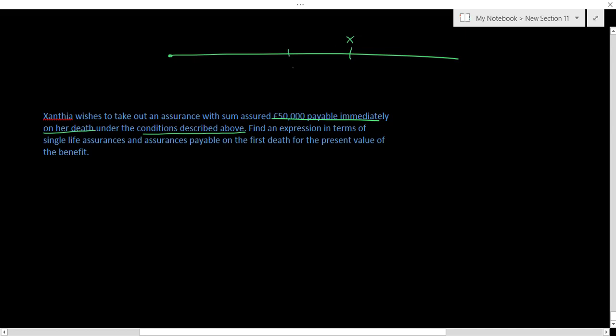Okay, so if Yolanda's time of death is T, Xanthia should be alive at time T plus 5, right? And after this time, whenever she dies, provided that there is a gap of more than 5 years between their deaths, she gets an amount of 50,000 pounds, right?